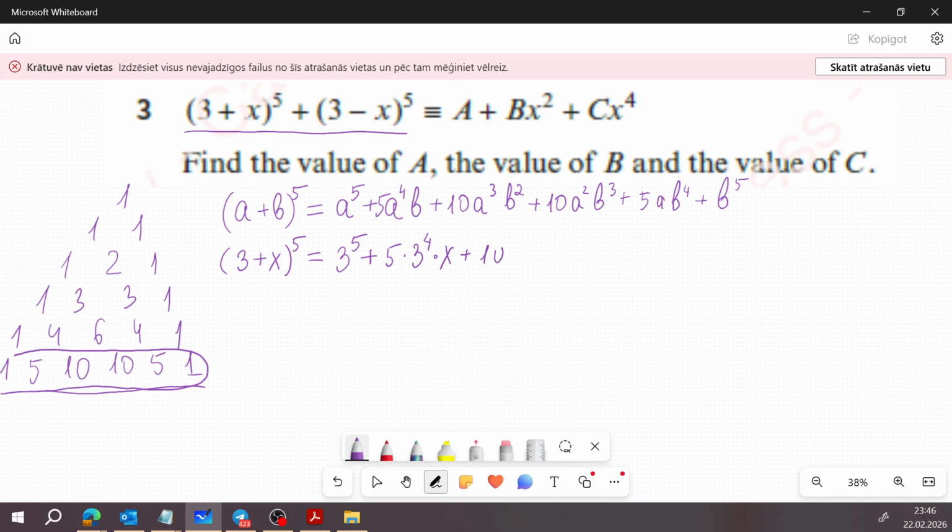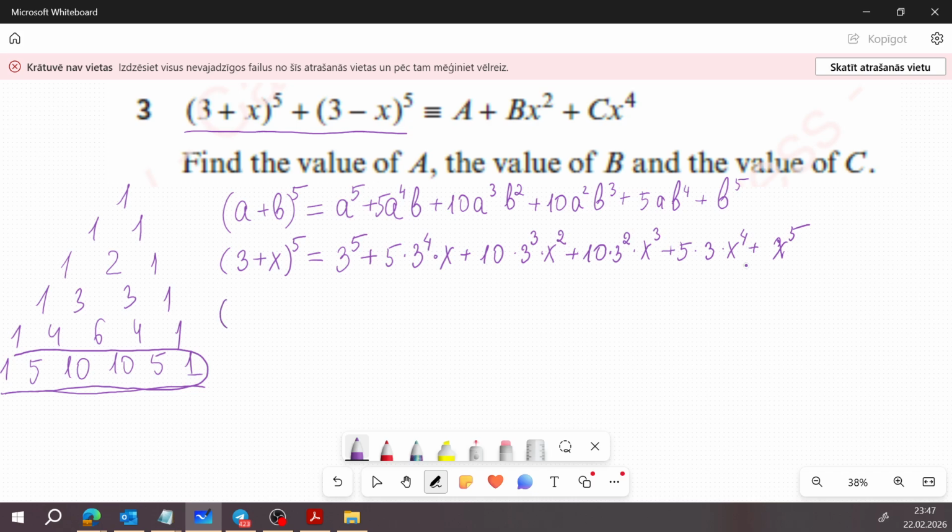Next term, 10 times 3 to the power of 3 times x squared. The next term, plus 10 times 3 to the power of 2 times x cubed. And here plus 5 times 3 times x to the power of 4 and plus just x to the power of 5. This is what we have.